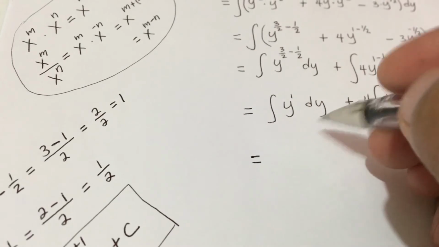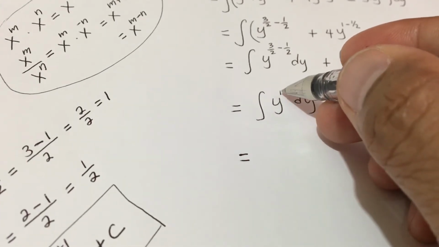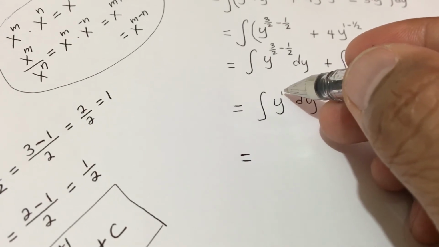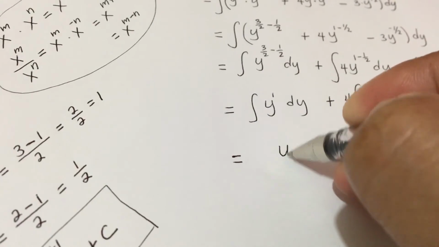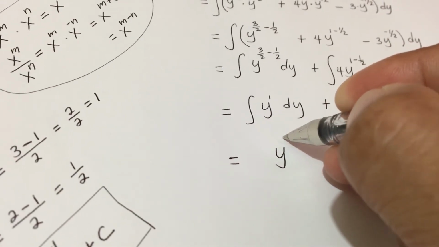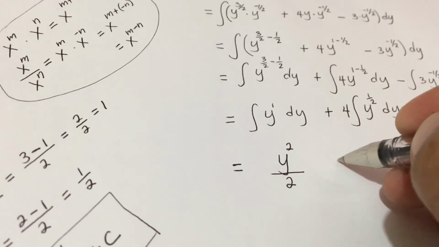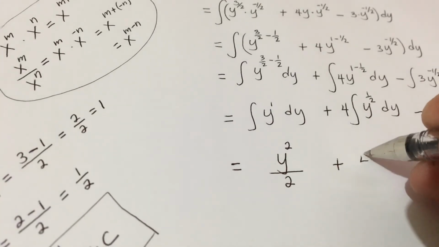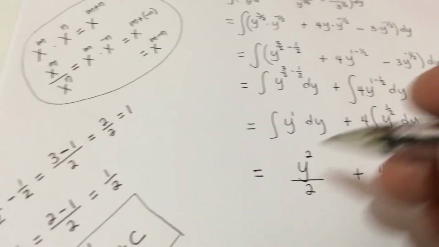So we have the integral of y to the exponent equal to 1 times dy. So using the formula, this is y to the power 1 plus 1, which is equivalent to 2, divided by 2, and plus 4 times y to the power 1 half plus 1.